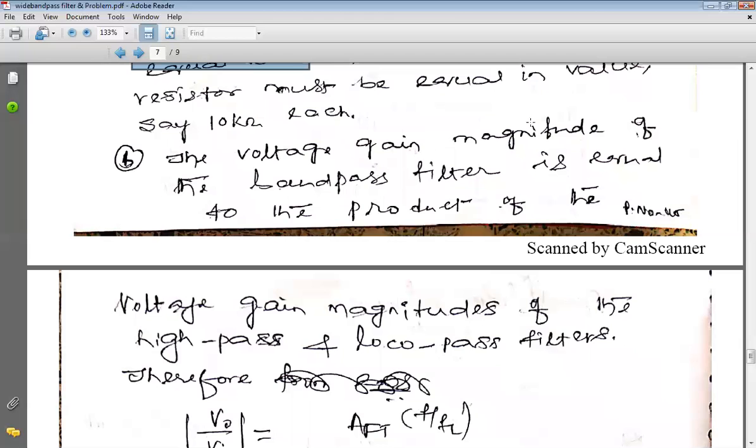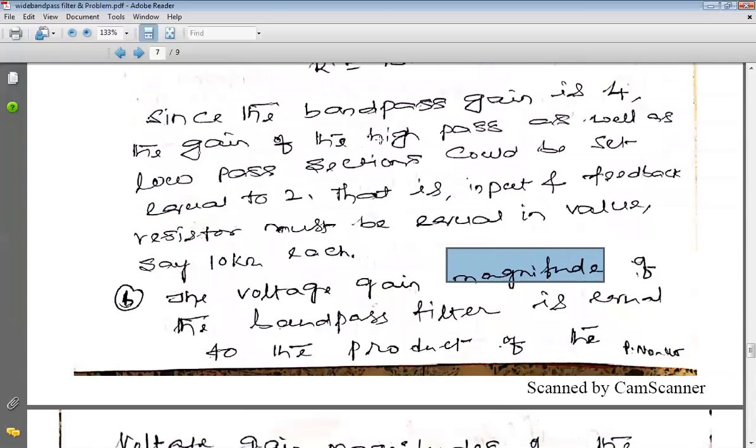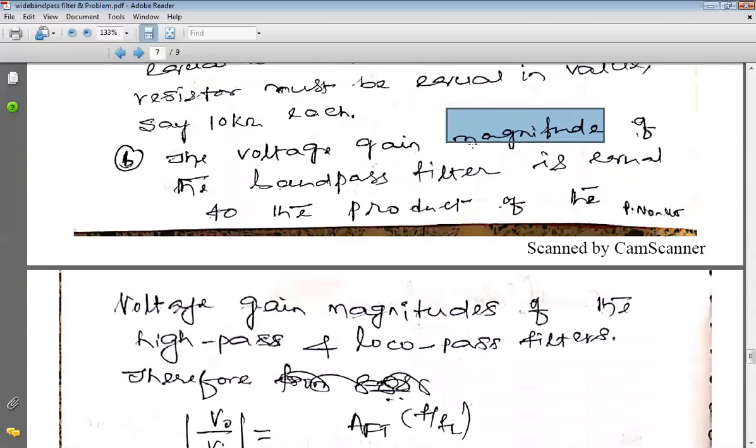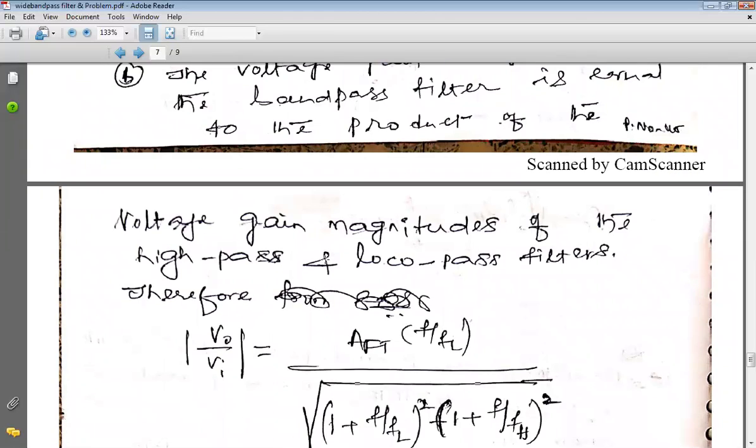Next, the voltage gain magnitude. Here we are calculating the voltage gain magnitude of the band pass filter, which is equal to the product of the voltage gain magnitudes of the high pass section and the low pass section.